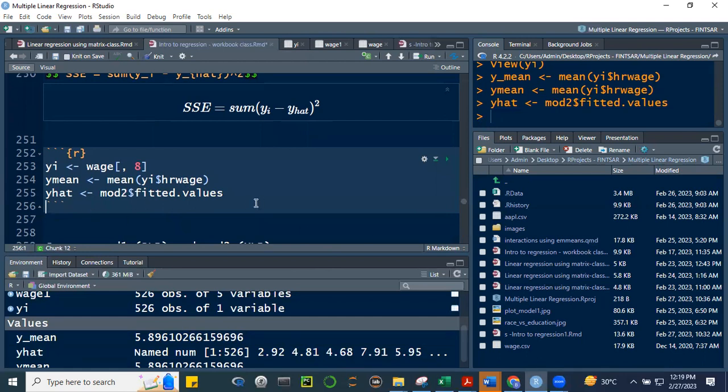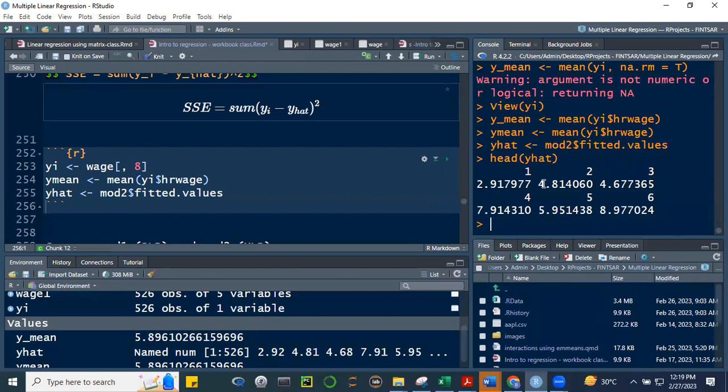Tapos yung Y hat natin will be, di ba, ito yung mga predicted values natin. In fact, if we do the head ng Y hat, yung first 6 values, ito. Ito yung mga predicted values natin.